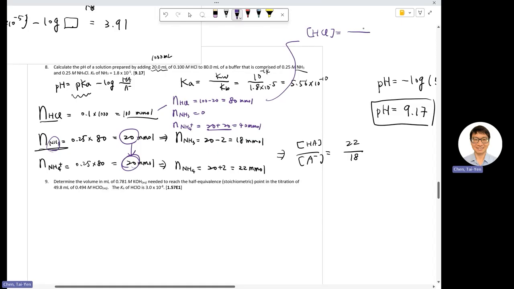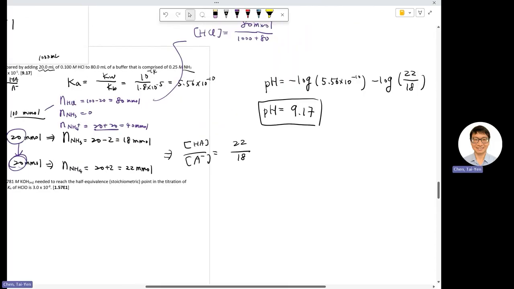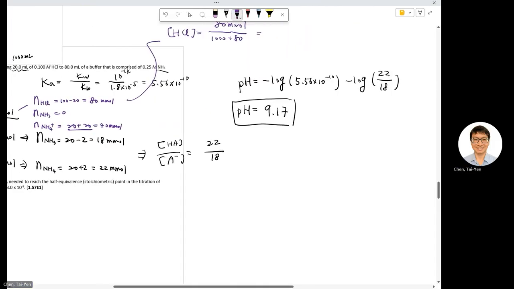The mole is 80 millimole, right? What's the total volume? It's 1000 plus 80, right? 1000 plus 80.